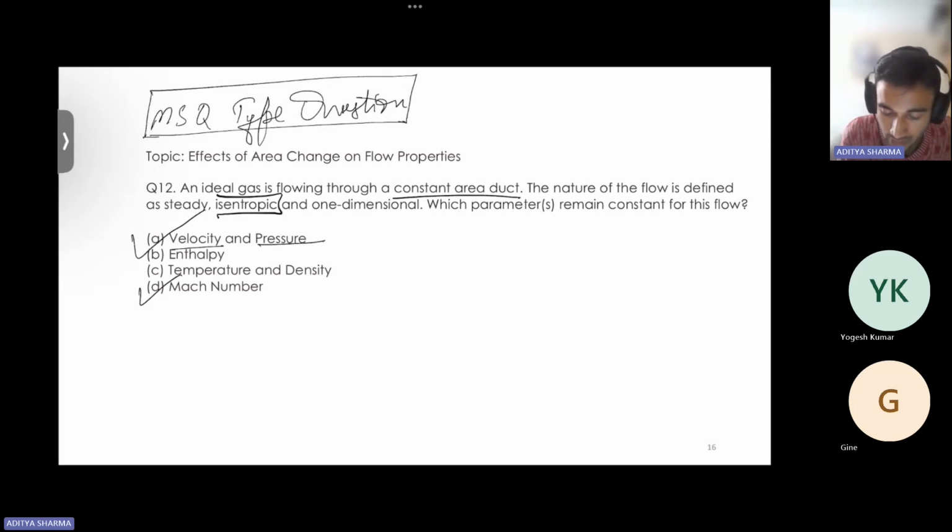They have given it's isentropic, so there is no entropy change. Also, because there is no velocity change, enthalpy is also constant. And what happens to temperature and density? Because it's a constant area duct, these static conditions, temperature and density, will also remain the same.